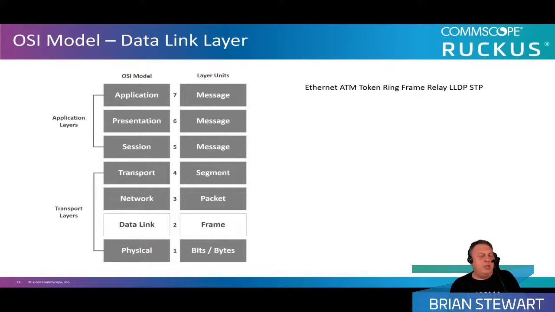Even something you might traditionally think of as purely layer 1, something like PoE, power over Ethernet, includes signaling that is logical and occurs at layer 2. So the ability to understand what device type is out there and what are its power requirements bleeds up from the physical into the data link layer.